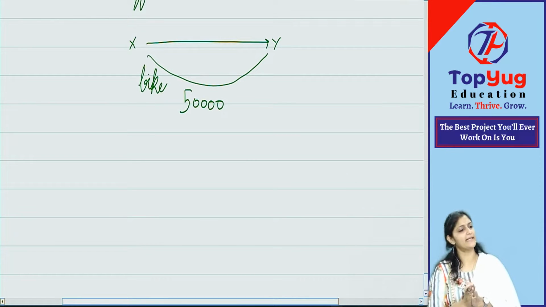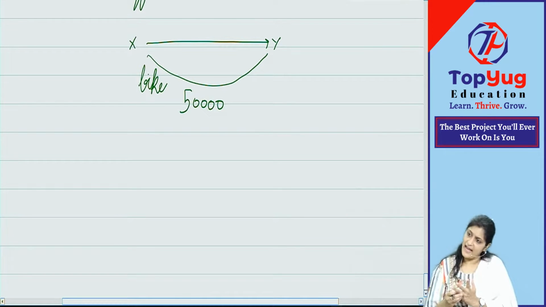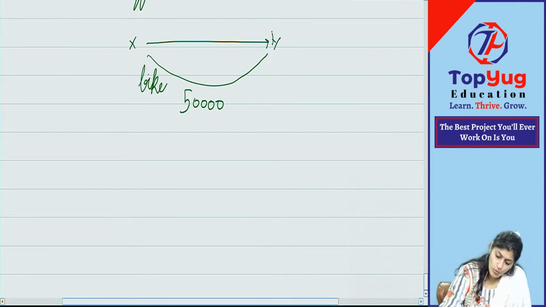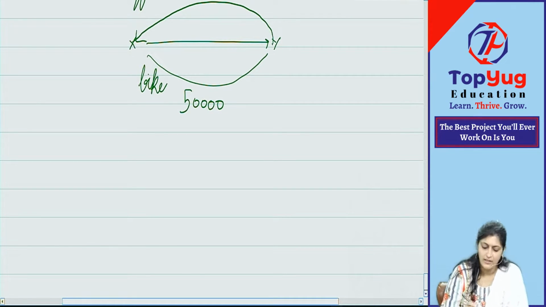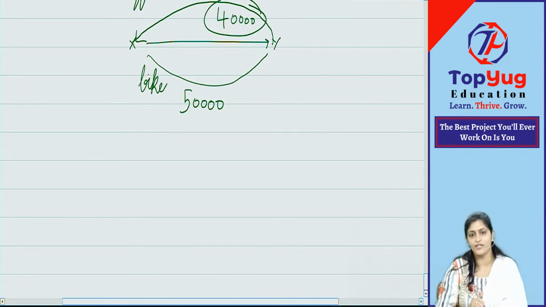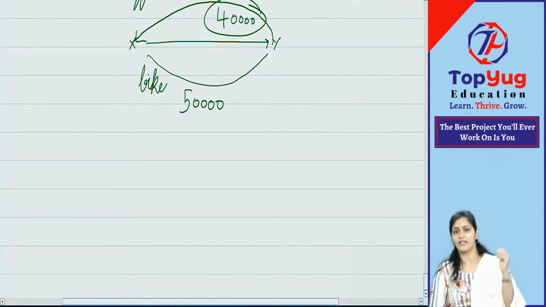So X is saying, Y, I have a bike which I want to sell at 50,000 rupees. What is Y saying now? Yes, I also want to purchase the bike, but at 40,000 rupees.